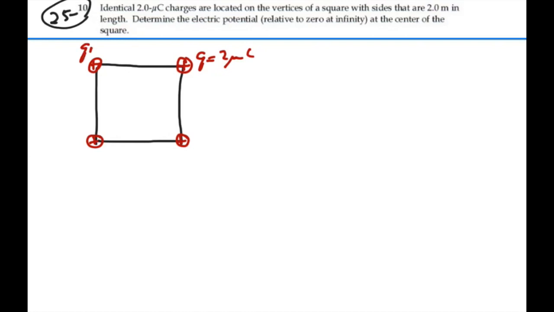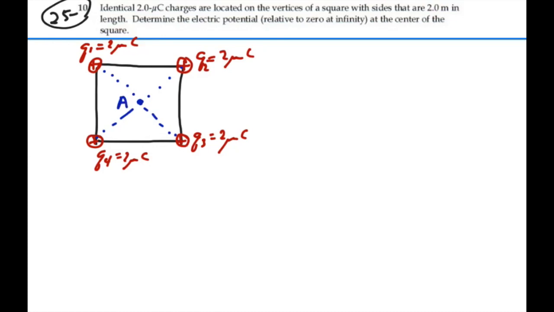So let's call this Q1, Q2, Q3, Q4. We want to find the potential relative to 0 at infinity at the center of this square. Let's call that point A.